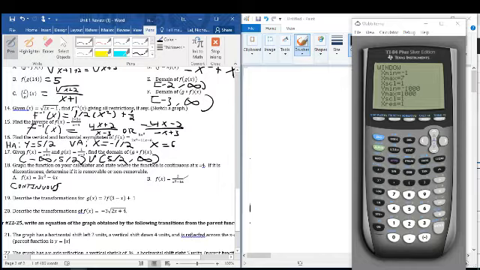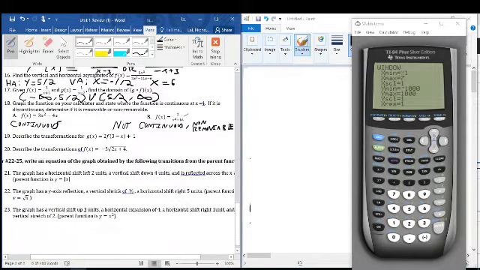So not continuous, non-removable. Okay. Next bunch is just a bunch of transformations, okay?